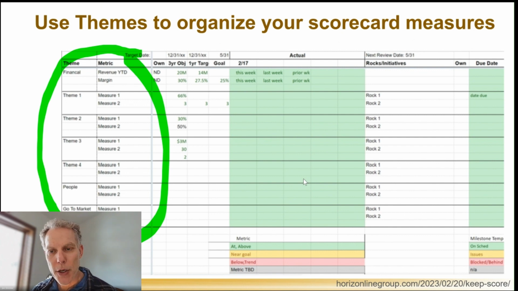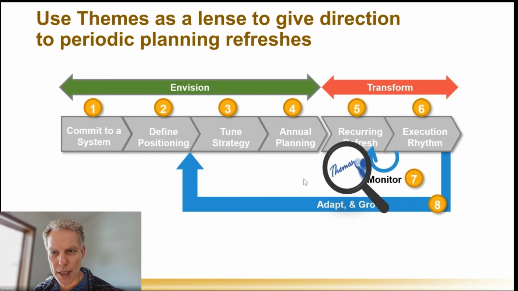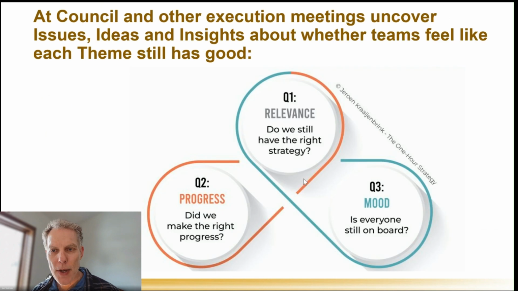And to organize iterative rocks that deliver initiatives to close the gap between where we are today and the destination set by the themes. We use themes to set direction for periodic planning refreshes, and at council and other execution meetings, we'll uncover issues, ideas, and insights about whether teams feel like the themes still have good relevance, progress, and mood.